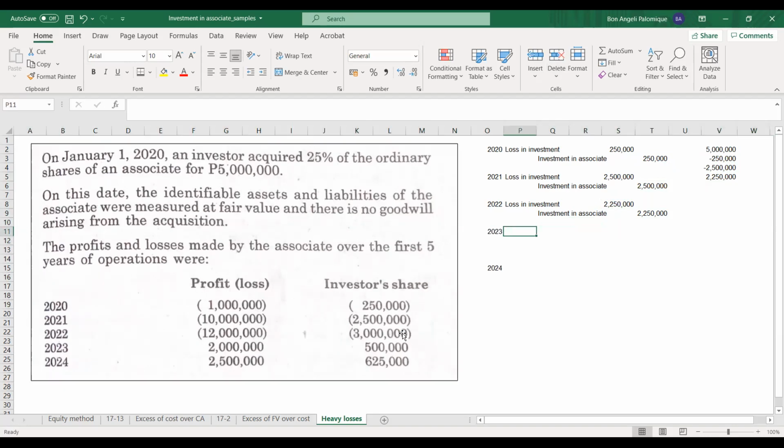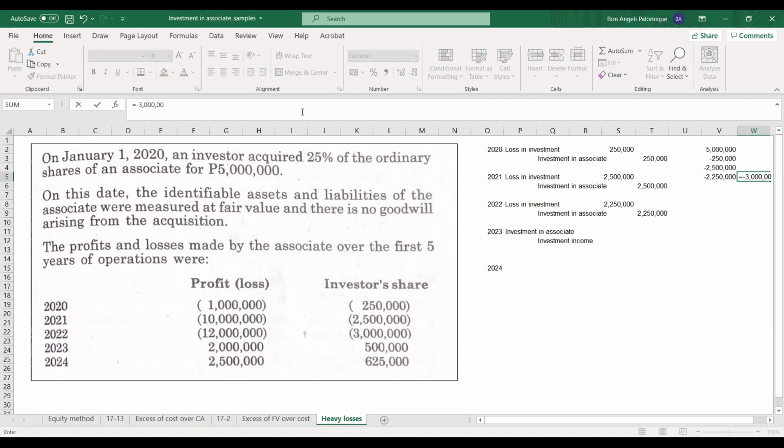So, this time, debit investment in associate and credit gain naman na investment income. Pero kailangan mo i-revisit kung pwede na ba akong mag-record. Na-catch up ko na ba itong remaining na balance ko. So, kumbaga, ang na-record ko lang kasi na loss dito is 2,250,000, pero ang dapat kong i-record is 3 million.